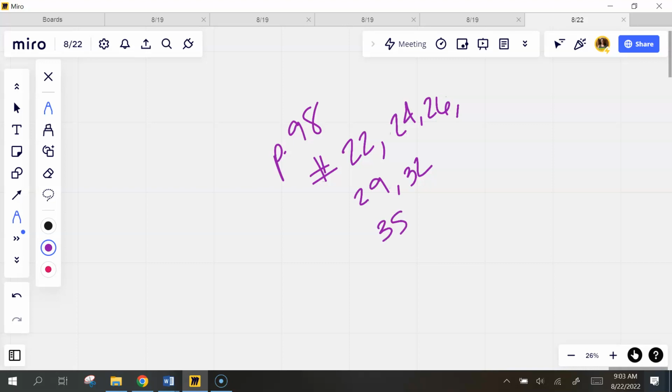I had 37 and 38 on there, but I think that's it. I think that's good. Some of them take a little while. And 37 and I'm done, I promise.